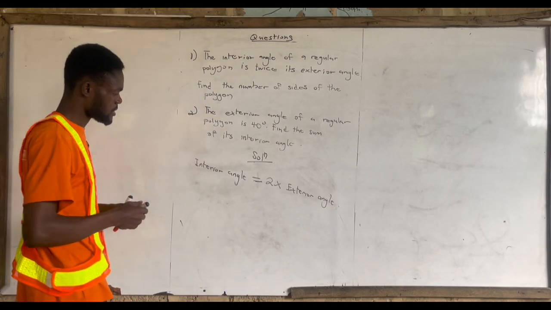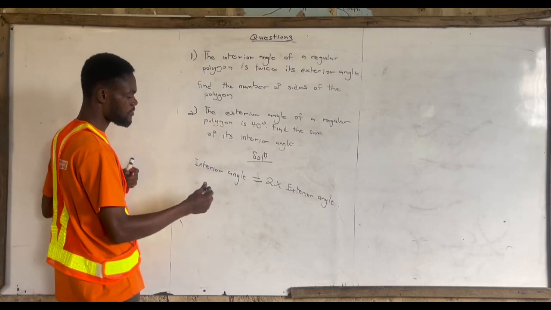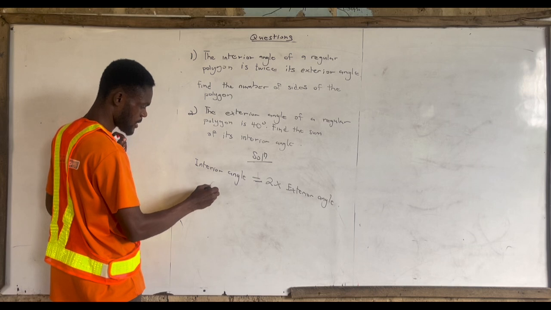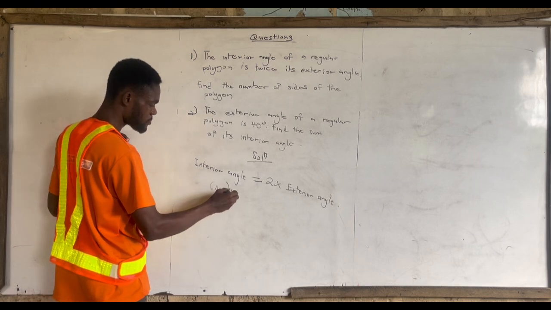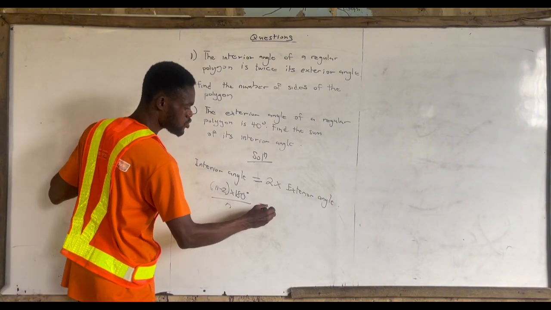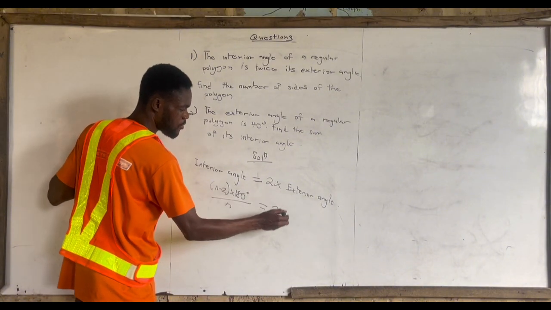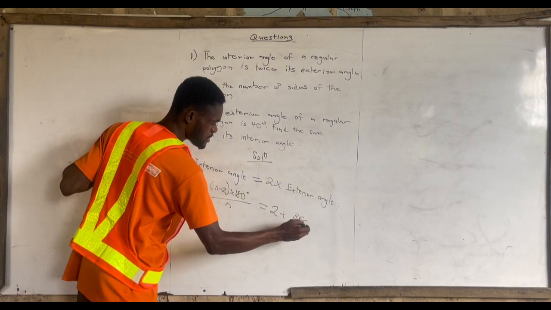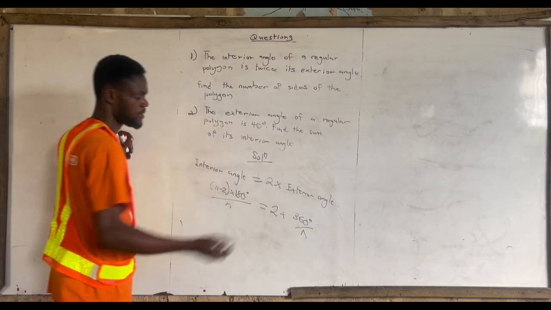What's the formula for the interior angle of a regular polygon? It is n minus 2 times 180 degrees divided by n, equal to 2 times the formula for the exterior angle. We know the exterior angle of a regular polygon is 360 degrees over n. That is that.